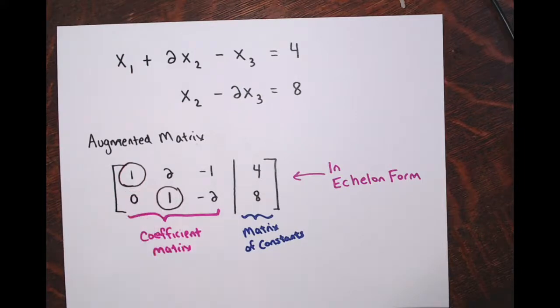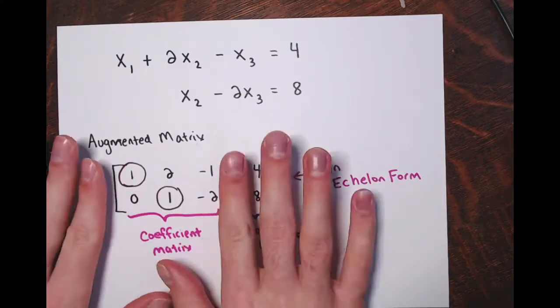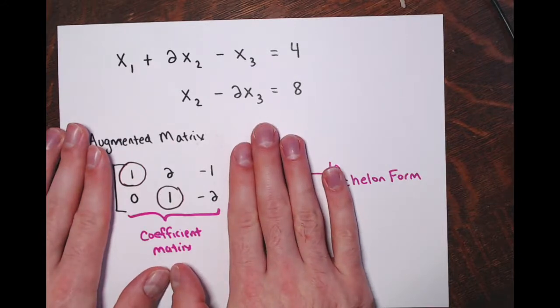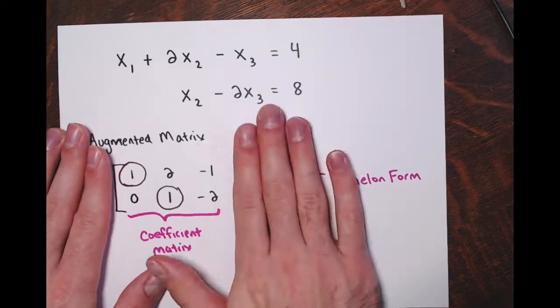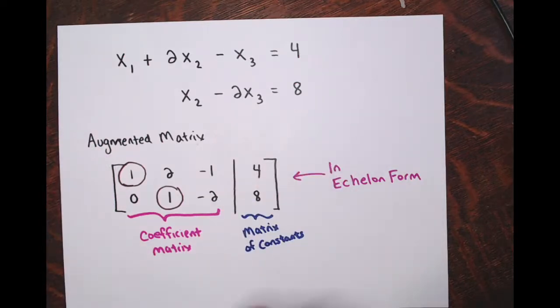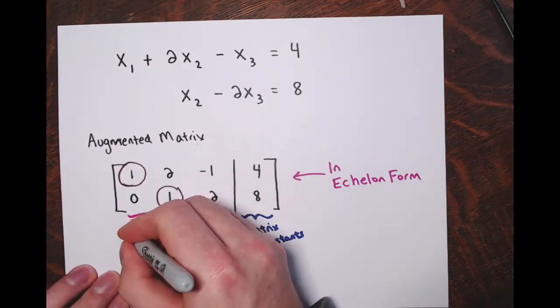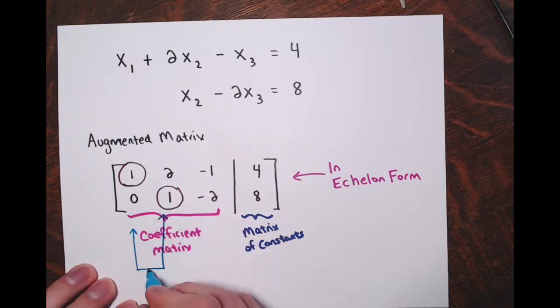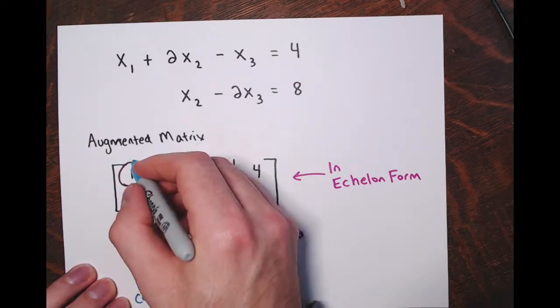So each of these columns, and again, this is only in the coefficient matrix. When you talk about what corresponds to basic and free variables, you look at the coefficient matrix. What columns are pivot columns? You did this in the last section. So these are pivot columns, column 1 and column 2.